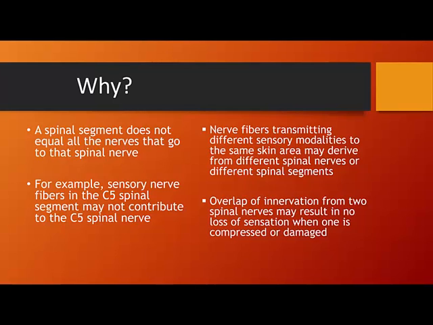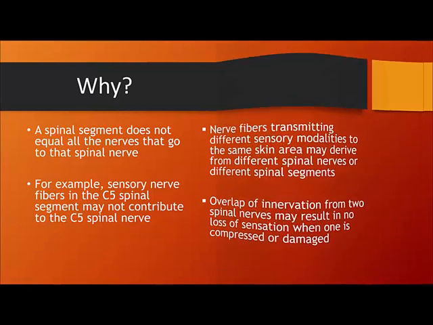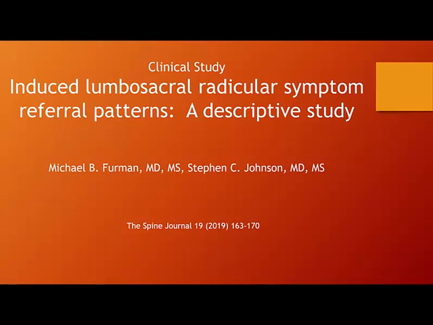Overlap of innervation from two spinal nerves may result in no loss of sensation when one is compressed or damaged. Now to the current study. The title is Induced Lumbosacral Radicular Symptom Referral Patterns, a descriptive study published in the Spine Journal in 2019.